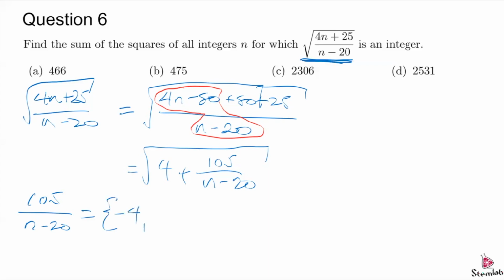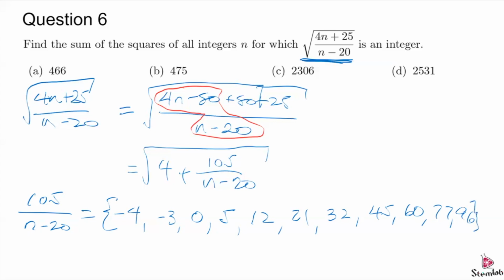-4, -3, 0, 5, 12, 21, 32 to make 36, 45 to make 49, 60, 77, or 96. We know that it can't be greater than 105. So it has to be one of these.